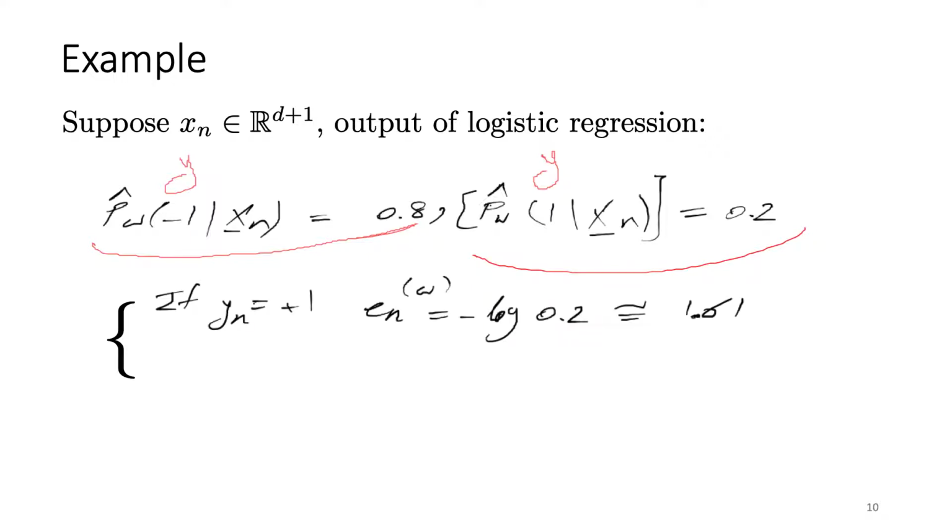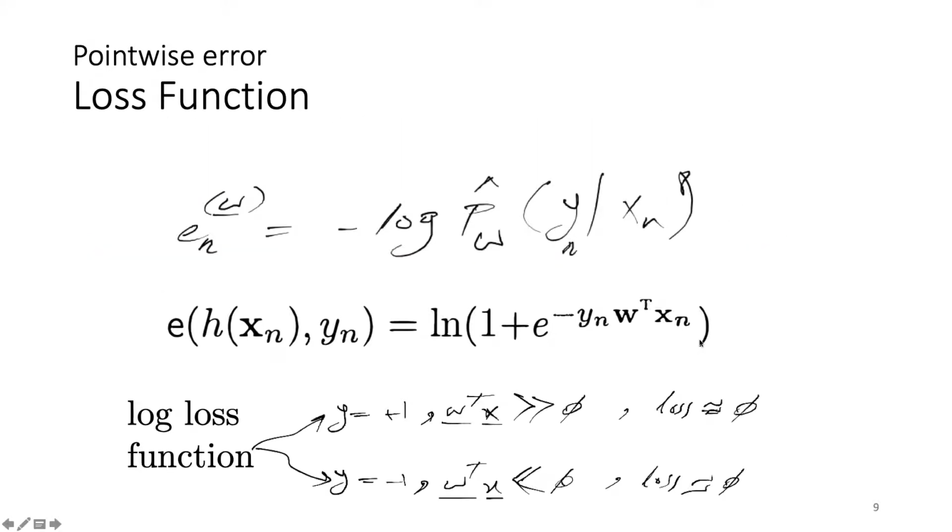We can say if yn is +1, the log loss of this function, the output of En of W, is going to be around 161 if you compute it using the formula that is here.